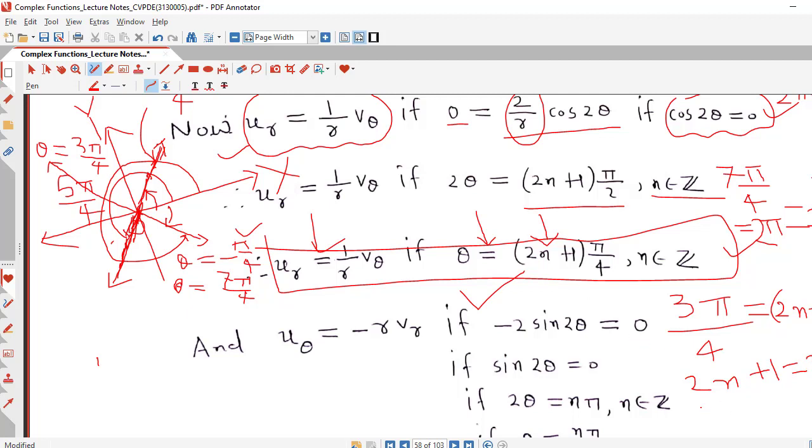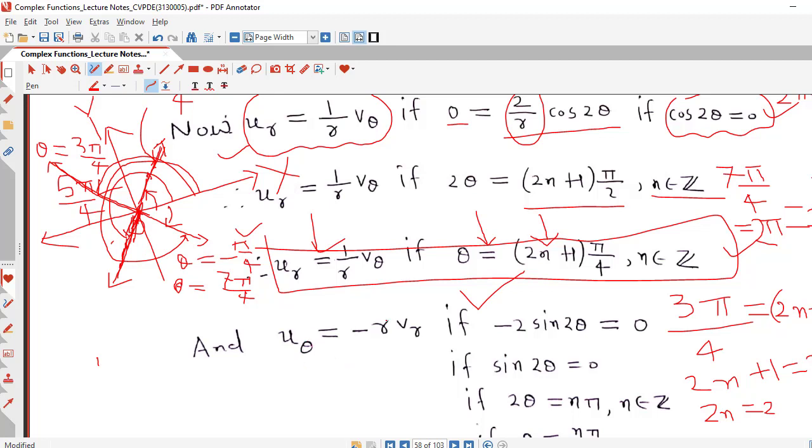So 2n is 3 minus 1, that is 2. So for n equal to 1, we will obtain 3 pi by 4. For n equal to 1, we obtain theta equal to 3 pi by 4, which is this.